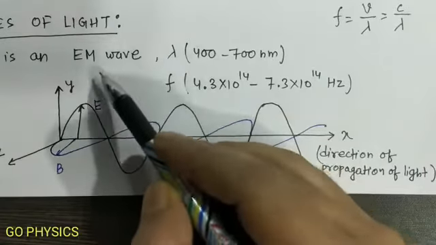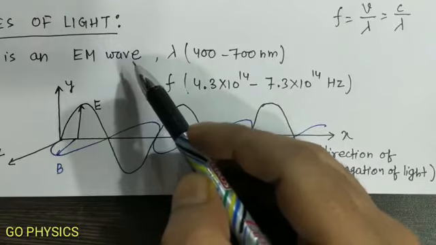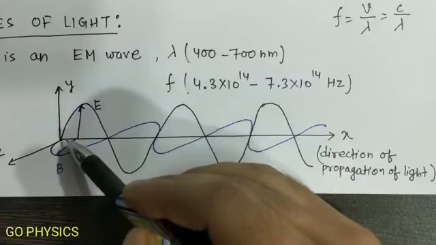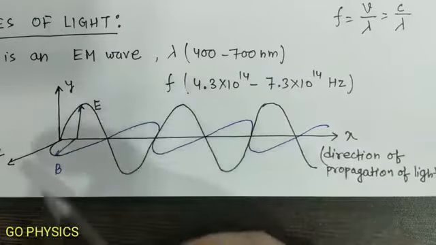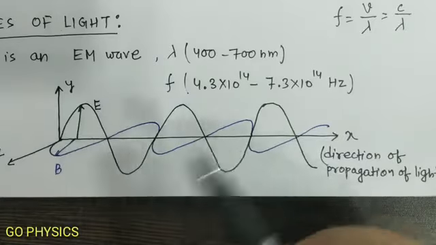Since light is an electromagnetic wave, it must consist of a varying electric field and a varying magnetic field.